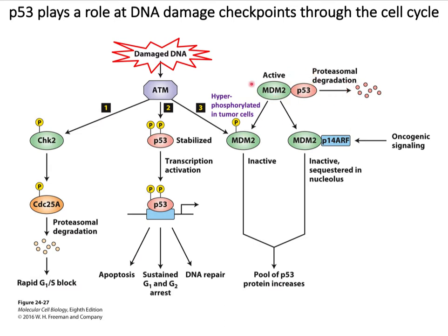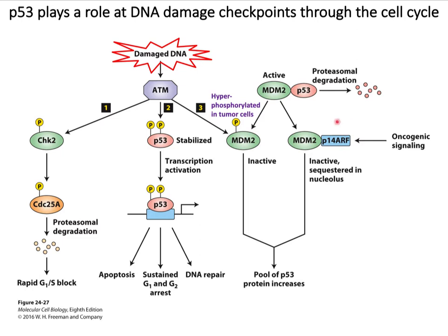So this is why p53 is unstable. It's because the MDM2 protein binds to p53. But when MDM2 is phosphorylated, it cannot interact with p53. And so this contributes to the newly acquired stability of p53. You have this increased pool of stable p53.